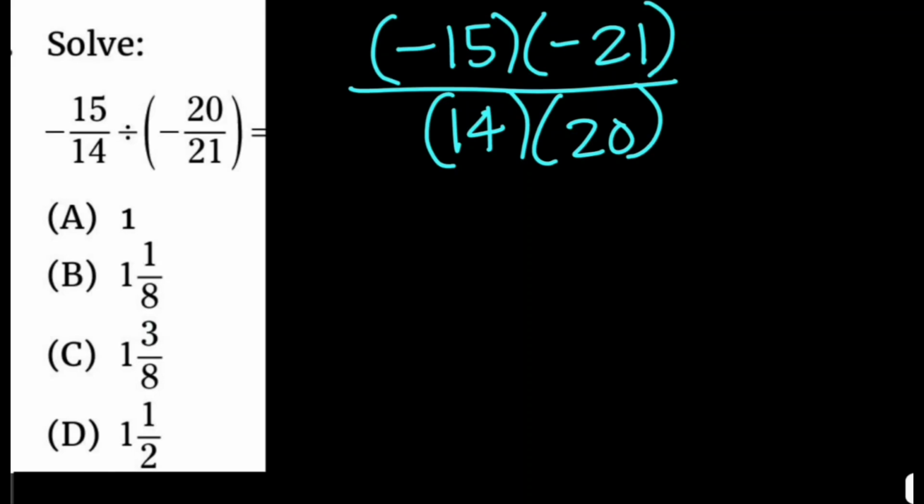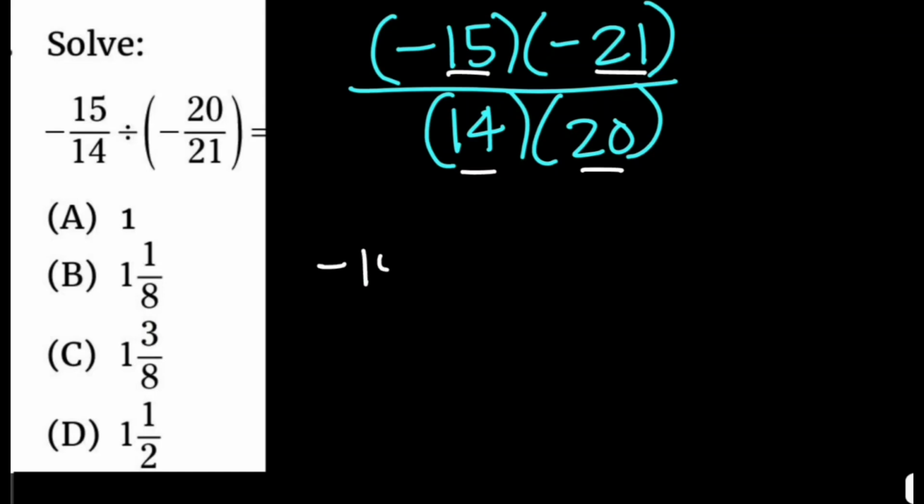Now, before we multiply numbers, let's check first if they have common factors. Note here that 15 and 20 are both divisible by 5, and 14 and 21 are divisible by 7. So we can divide them.